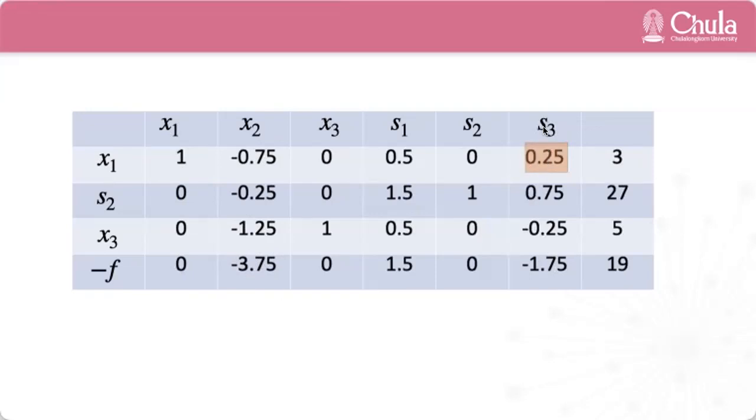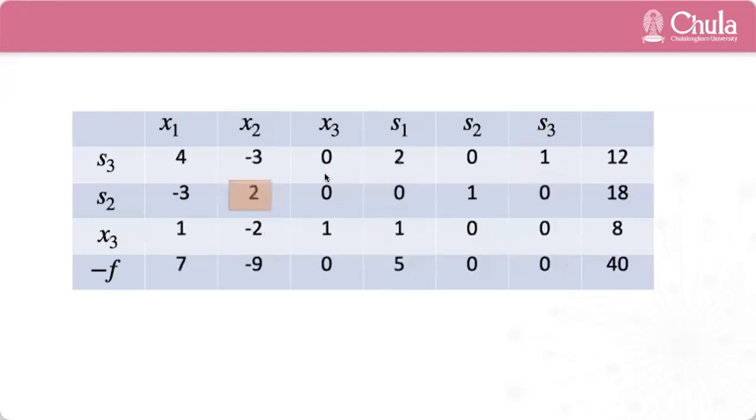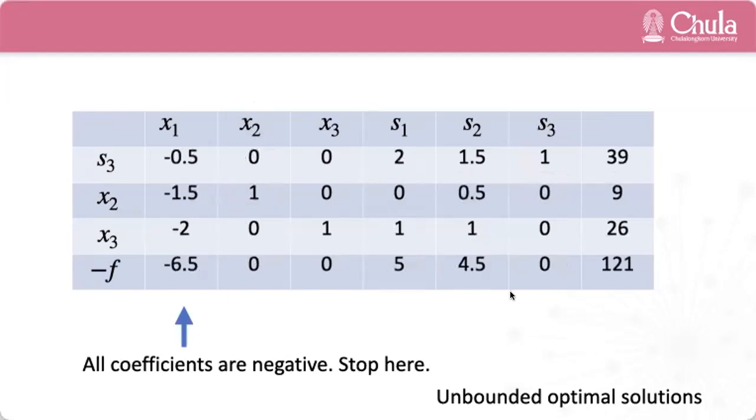We introduce S3 because we have some positive coefficients, right? So finally we end up with this one, and we still have a negative coefficient, right? So we introduce x2, we remove s2 here, and we end up with this one.